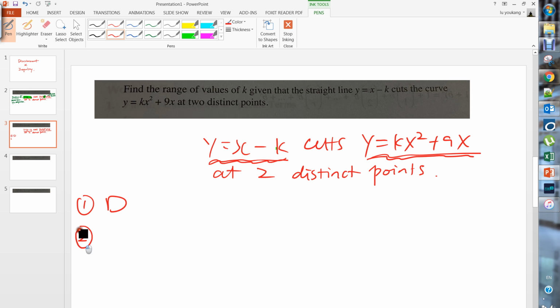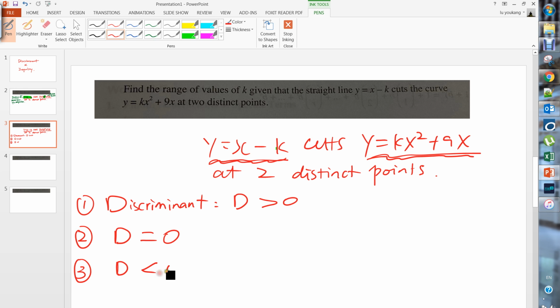We have case 1, case 2, and case 3. I'm going to use D to denote discriminant. For case 1, our discriminant is bigger than 0. For case 2, our discriminant is equal to 0. And our third case is discriminant is smaller than 0.